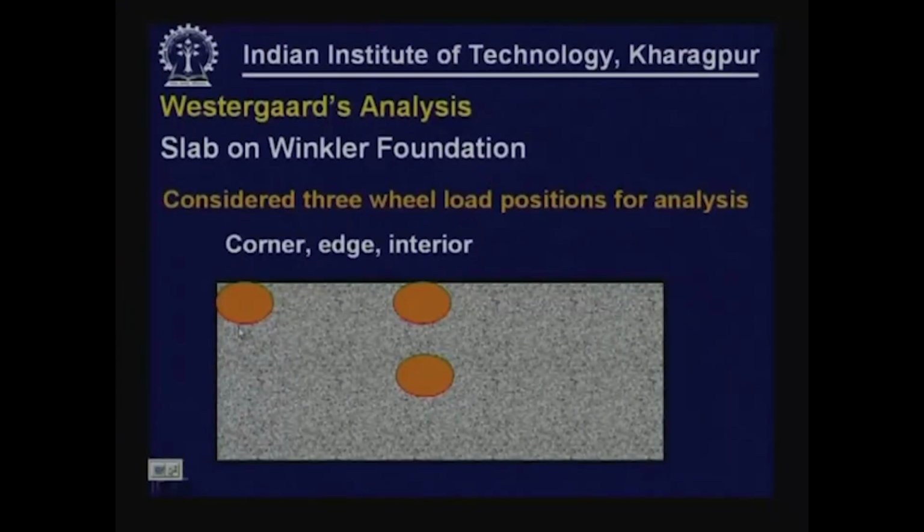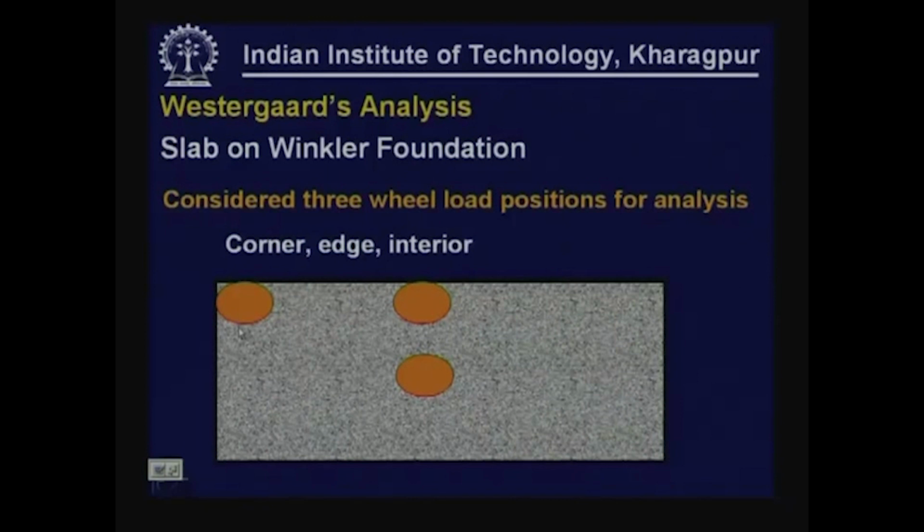Westergaard's analysis assumes that the slab is placed on a Winkler foundation. We have just described the Winkler foundation, which comprises springs. Westergaard's analysis typically gives expressions for computing stresses in the slab in 3 different regions. These are considered to be critical regions: corner, edge region and interior region.